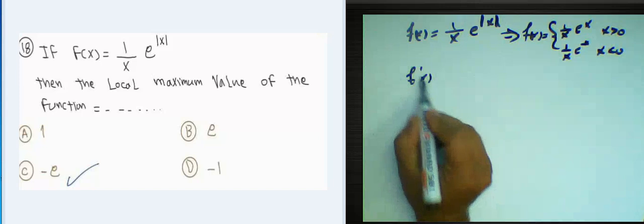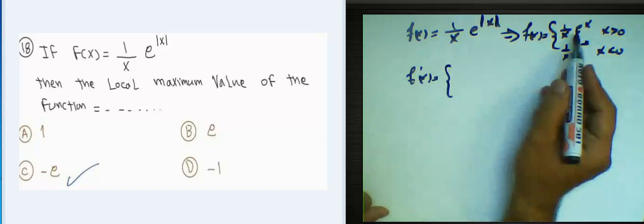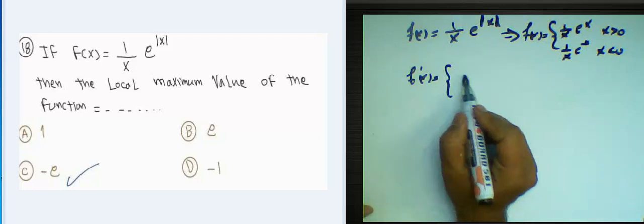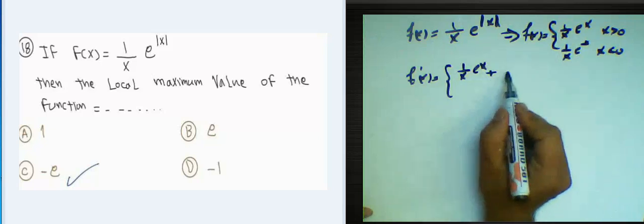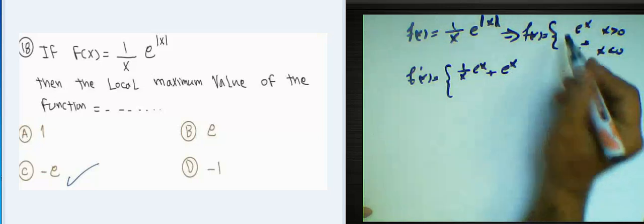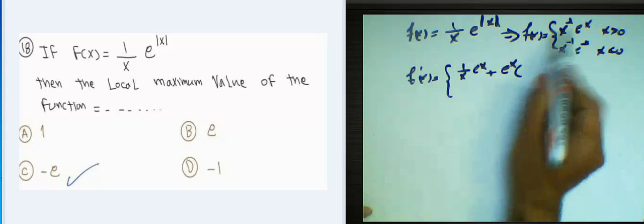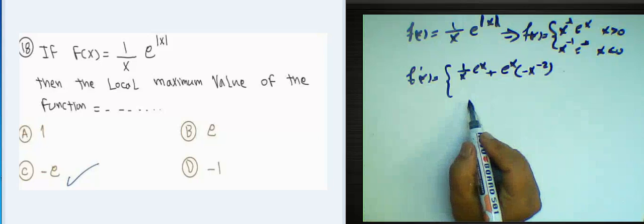And then f'(x) will be the derivative of this function. We write the first times the derivative of the second plus the second times the derivative of the first. It means x^(−1) here, and the derivative of it drops the power, so it will be negative x^(−2).